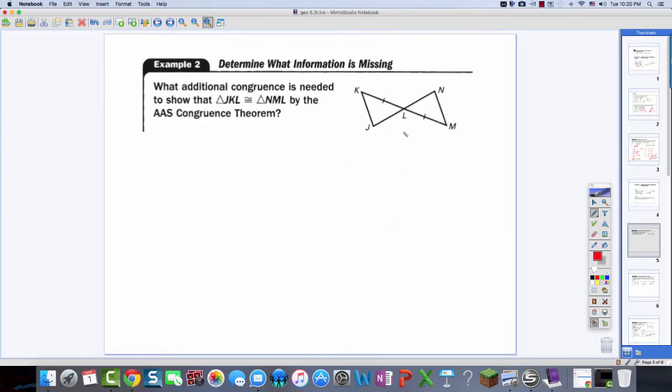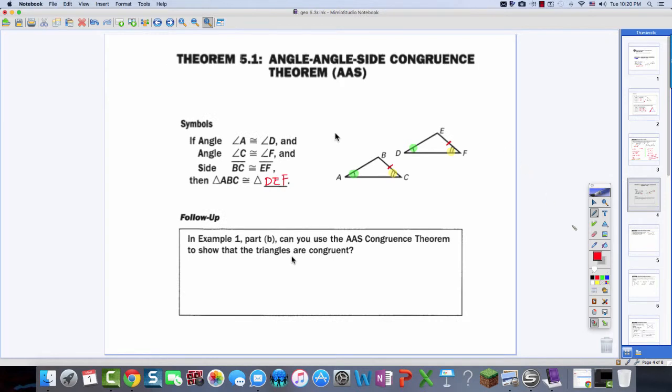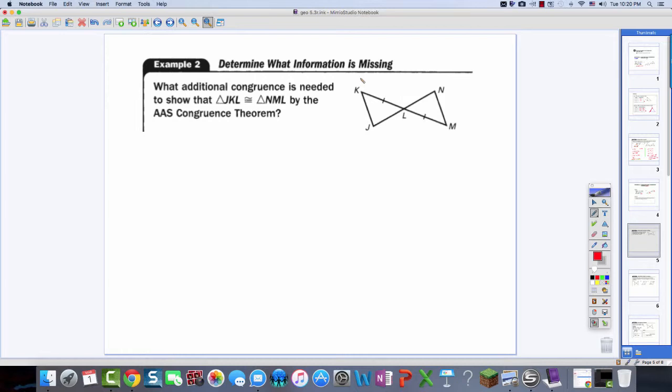Let's look at this example. Again, this is called AAS. In any triangle, as long as you have two angles and a side, whether it's ASA, meaning they're included or sandwiched in between, that's fine, or they're not included, the side is off to the side and not sandwiched between two angles, that's fine too.